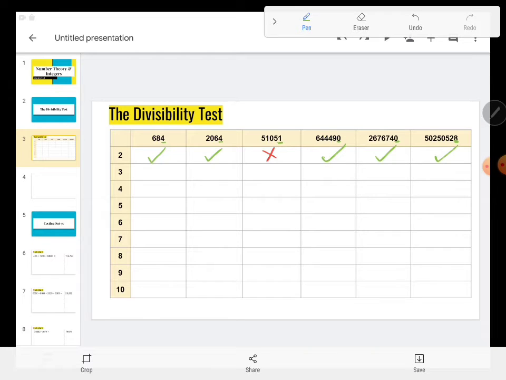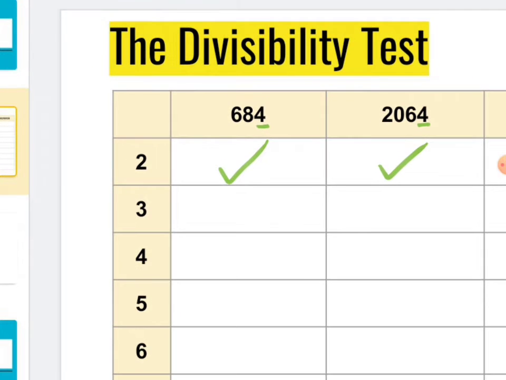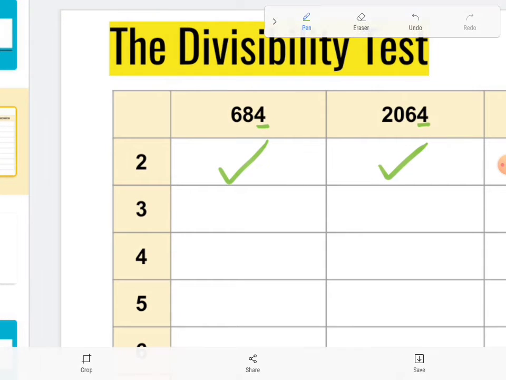Next, we're going to look at 3. What's divisible by 3 and what isn't? This one's a little bit trickier. It's not quite too bad. I'm going to go ahead and zoom in on 684. Now, the best way to figure out if a number is divisible by 3 is to add all of the digits in the number.